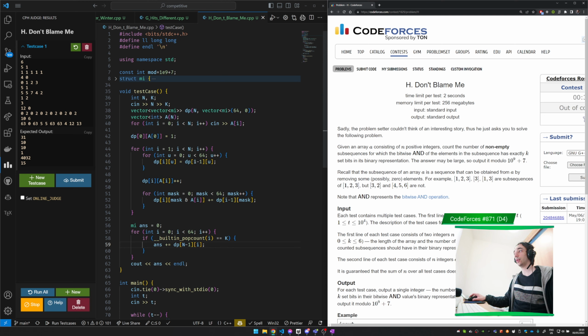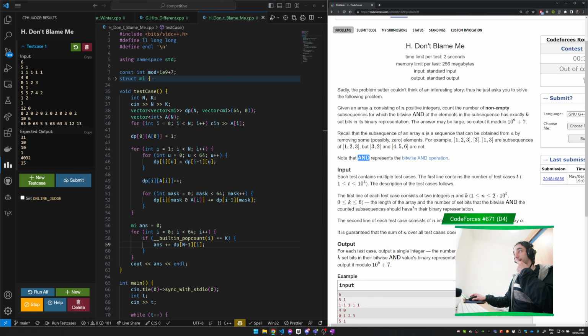So the trick here is that if I want the end position and I apply the AND operation, the only thing that can happen is either the bits remain the same, so the same number, or the number gets smaller.